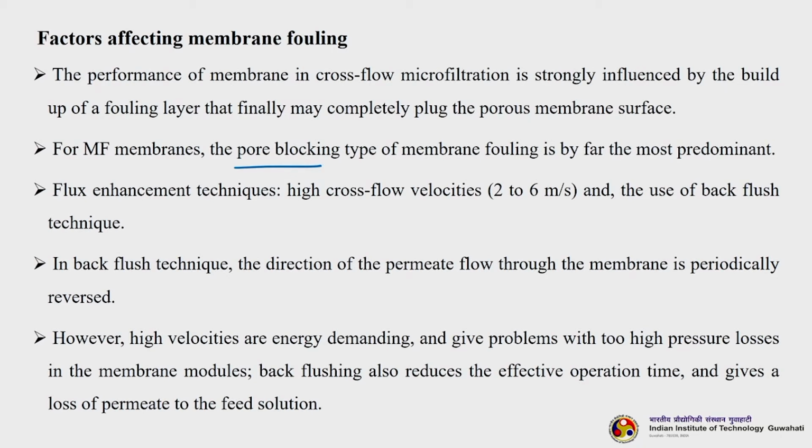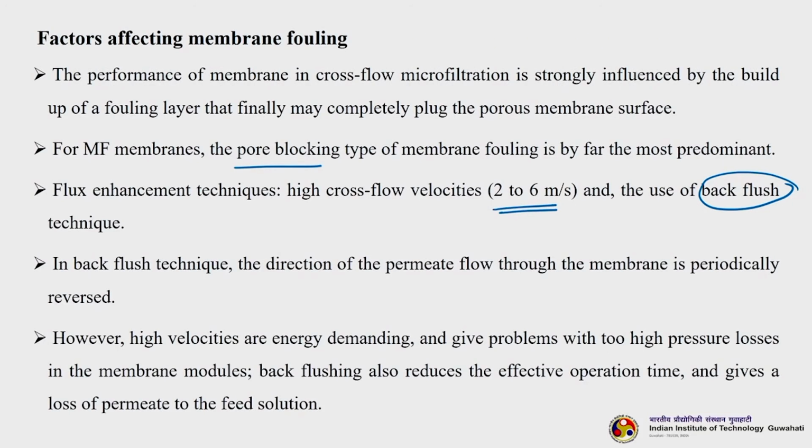So, flux enhancement techniques. You can have either higher cross flow velocity, about 2 to 6 meters per second, or you can go for back flushing. This also we have discussed during ultrafiltration. In the back flush technique, the direction of the permeate flow through the membrane is periodically reversed. We have seen how the back flushing is done from the feed side, then again you close the permeate trap, and from the back side again you back flush.